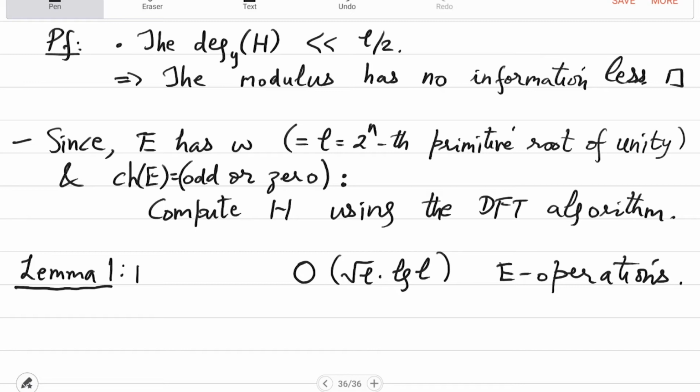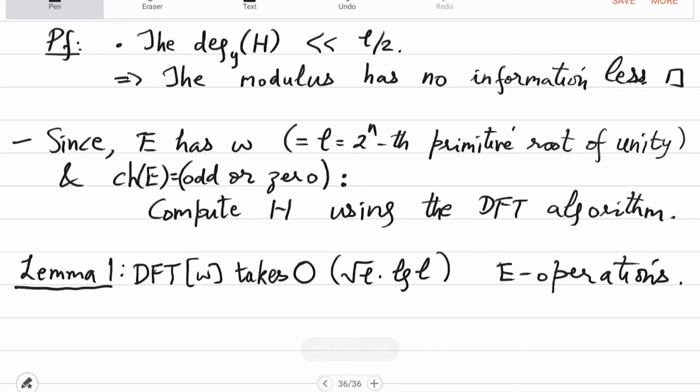So DFT omega, let's do it in 2 steps, not everything together. DFT omega takes these many E operations. And remember, the DFT algorithm was this recursive algorithm which basically divides the polynomial into 2 halves, solves each half and then combines them.